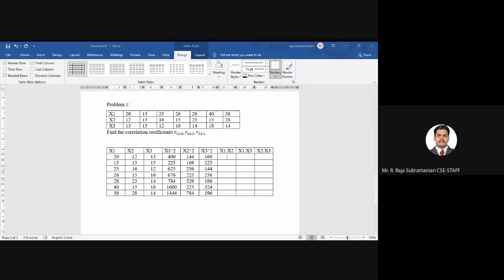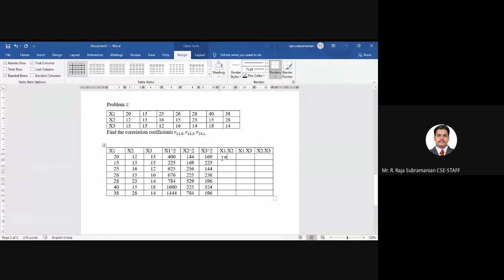Now x1 into x2. I think this will be easy compared to finding the squares. There are 7 items, so we can proceed.